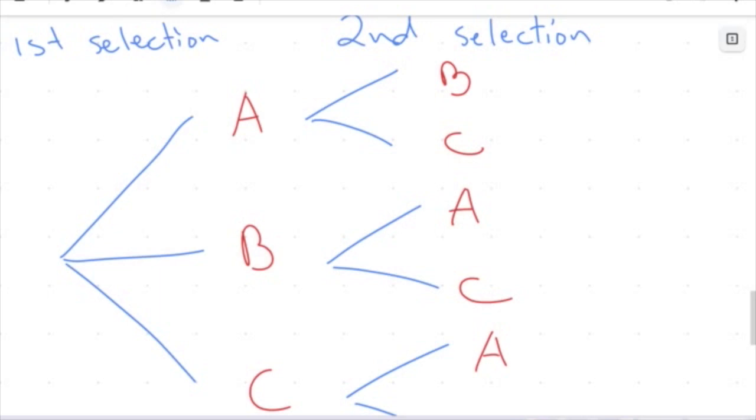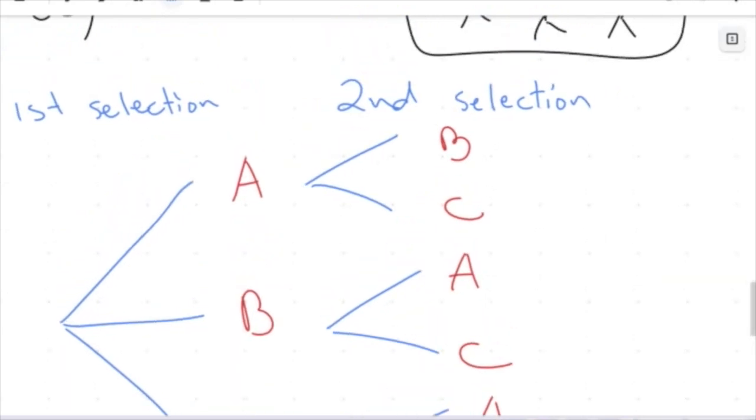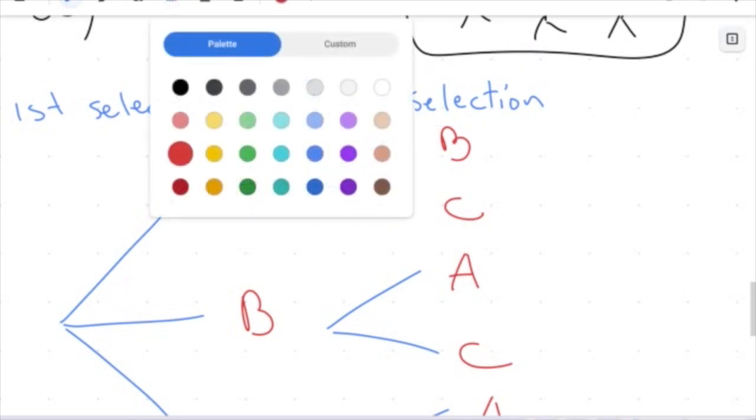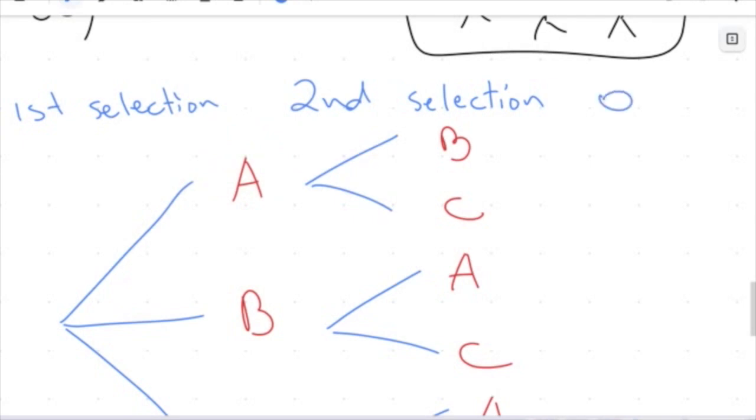Now that this is drawn, let's just list quickly, give myself some more space, let's list just briefly our outcomes.